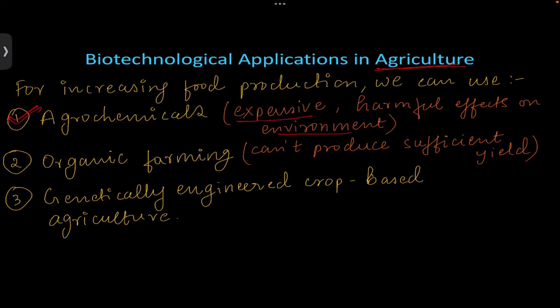They can permanently pollute your groundwater, and when this groundwater reaches your homes, you drink it and ultimately affect your health. So these harmful effects are due to the usage of agrochemicals.